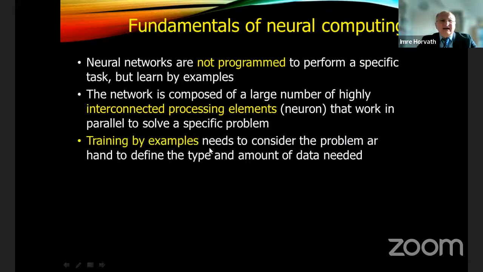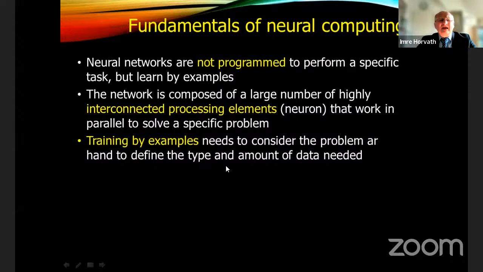Training by example is needed, as I mentioned, and it should consider the problem at hand and define the type and amount of data needed. So there is no general type of training of a neural network.